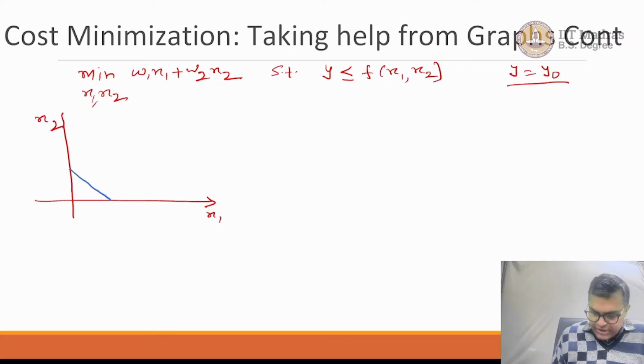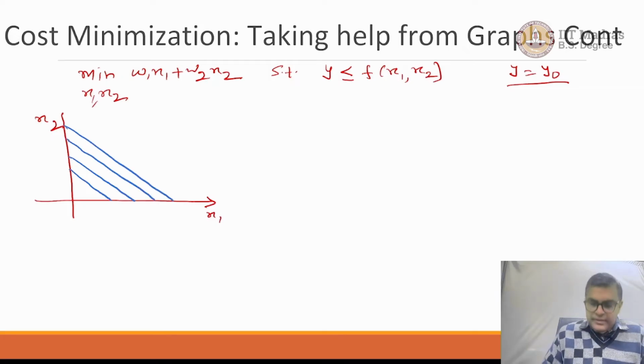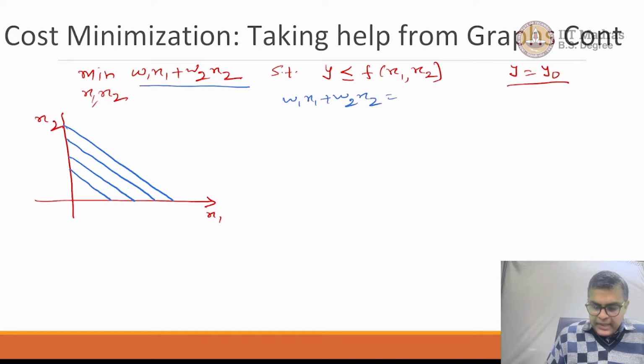All the lines will have the same slope, because this cost is going to take a particular value, and so all combinations of x1 and x2 which cost a total of k would be on this particular line, and the slope is always going to be equal to minus w1 by w2.